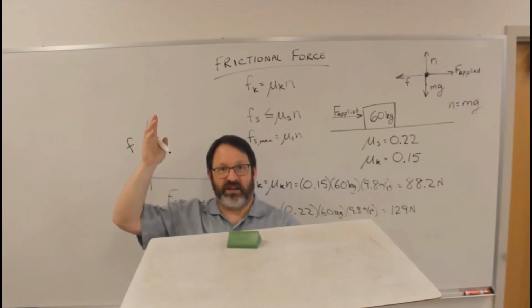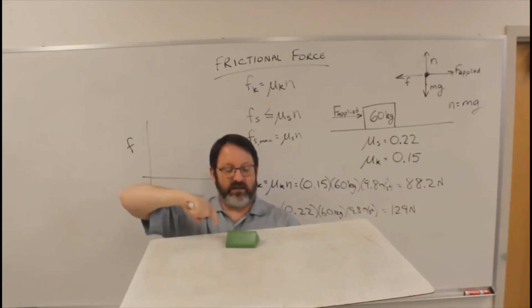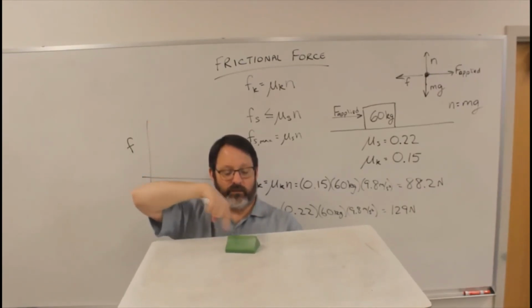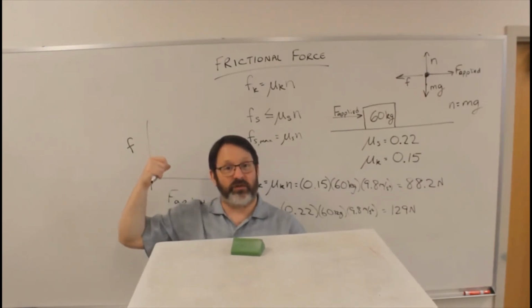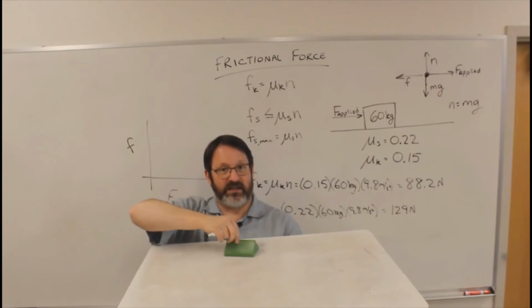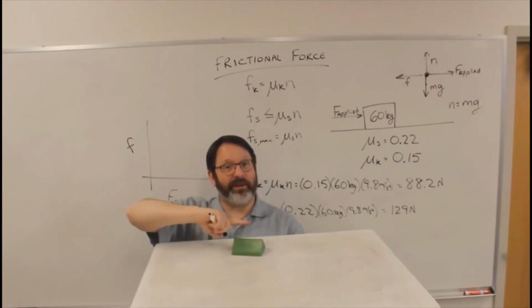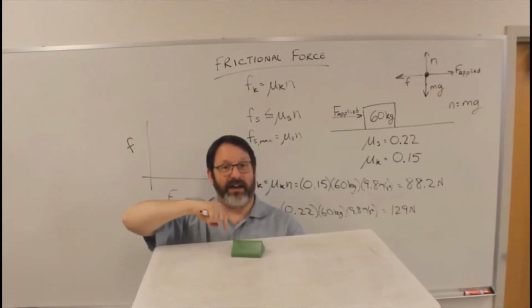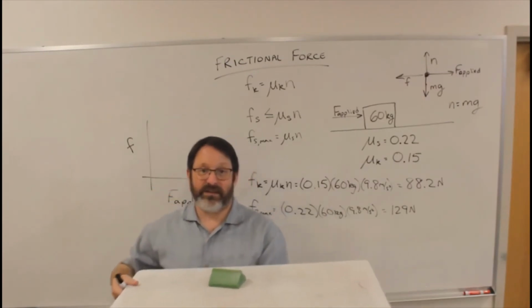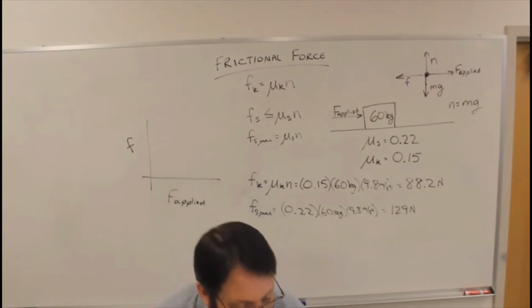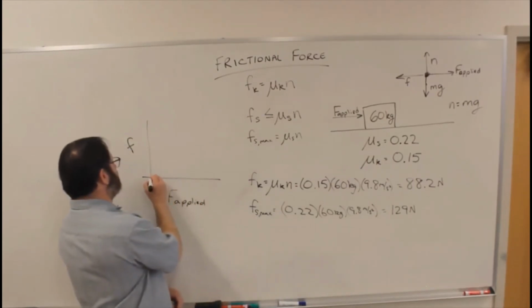Force needs a direction, right? And there's nothing trying to move this block any direction. So there actually is no frictional force. That may seem strange because you know if I try to push it, the friction will push back. But if there's nothing trying to move it, there is 0 frictional force. So it starts out at 0.